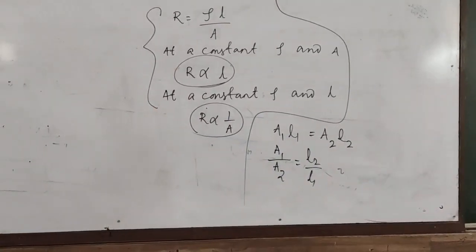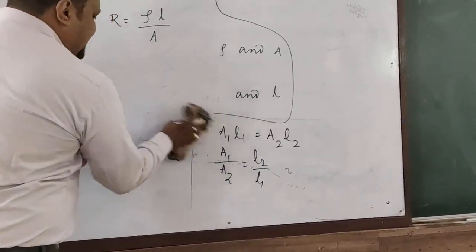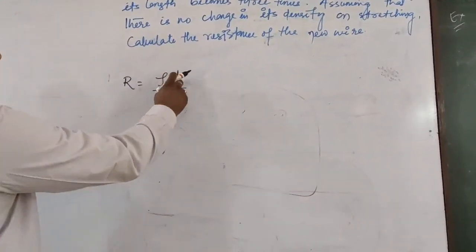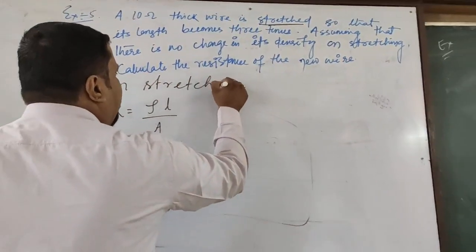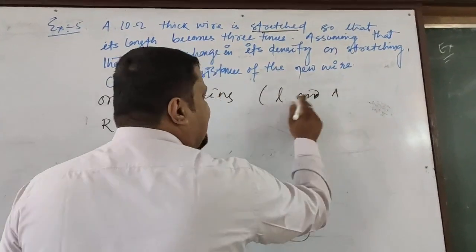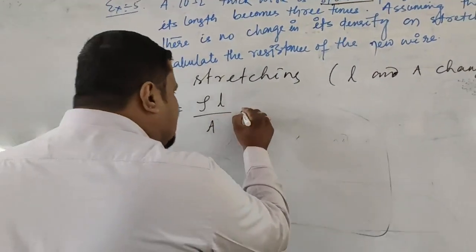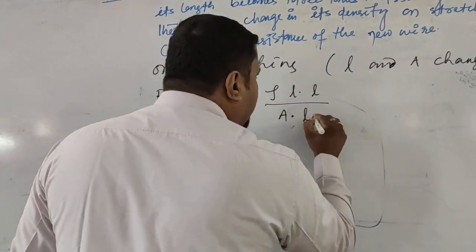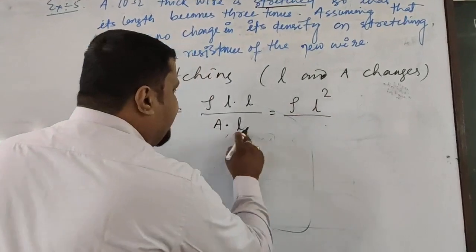Another thing is, in the stretching case the volume remains constant, so this question can be written as R is equal to rho L by A, where L and A change on stretching, that is, length and area of cross section change. Here I can write this as rho L into L by A into L, so R is equal to rho L square by A into L, and A into L is the volume.